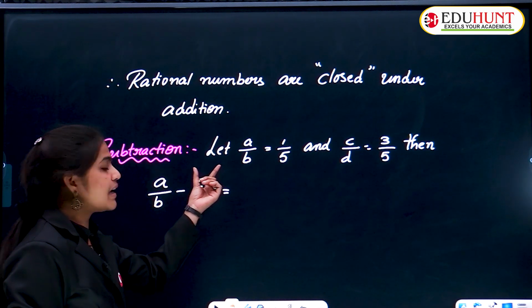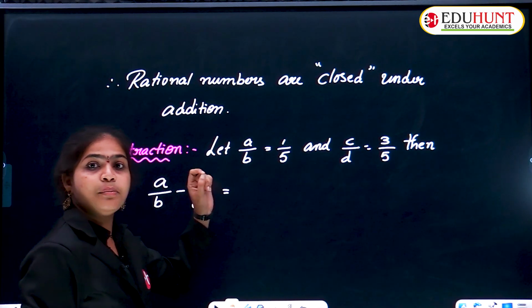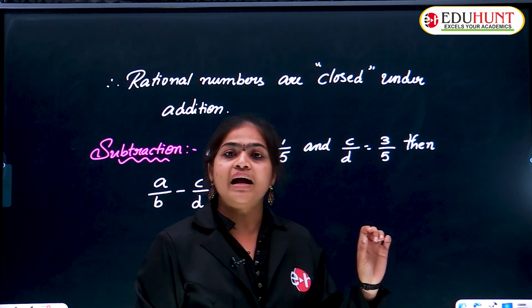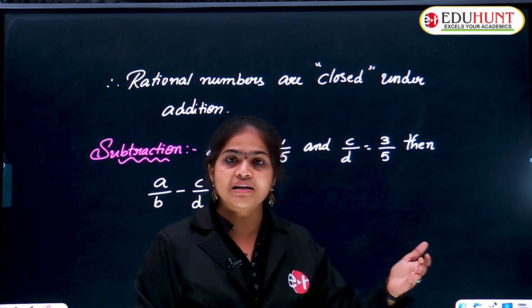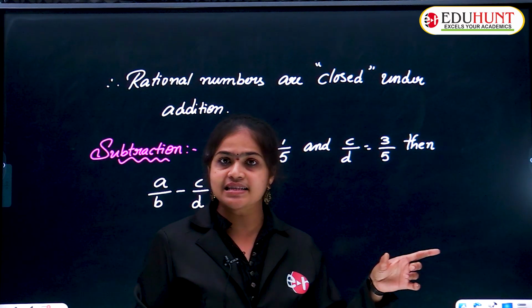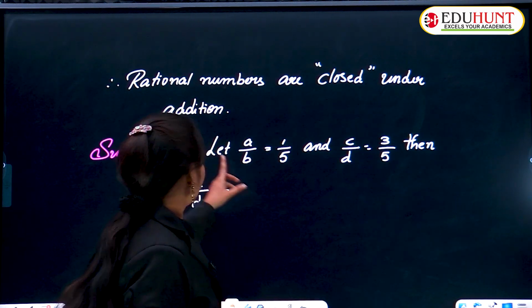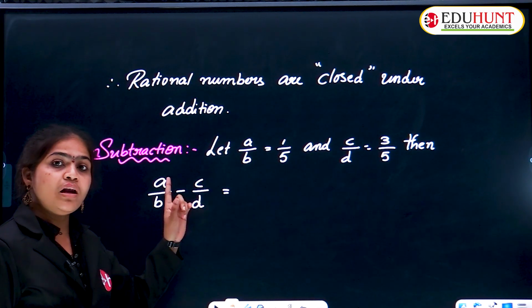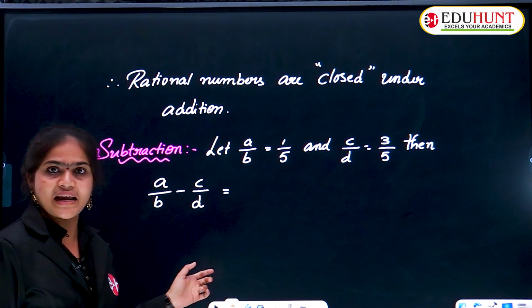Here, let A and B be any two natural numbers, then subtraction is not possible. Why? Because those two are natural numbers, in that case we may get negative numbers also, no? That's why natural numbers are not closed under subtraction. Whole numbers are not closed under subtraction.